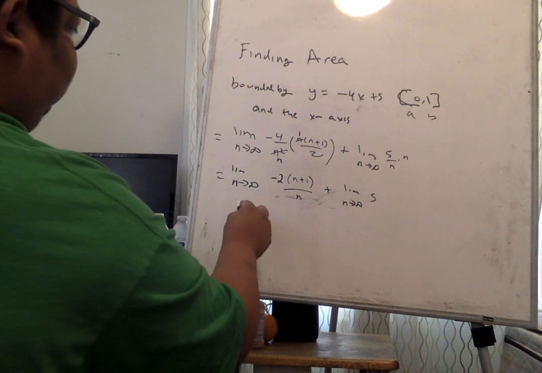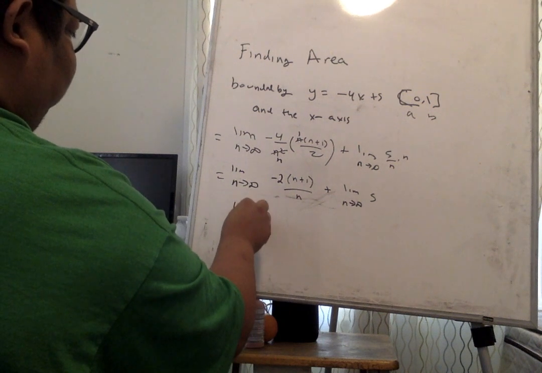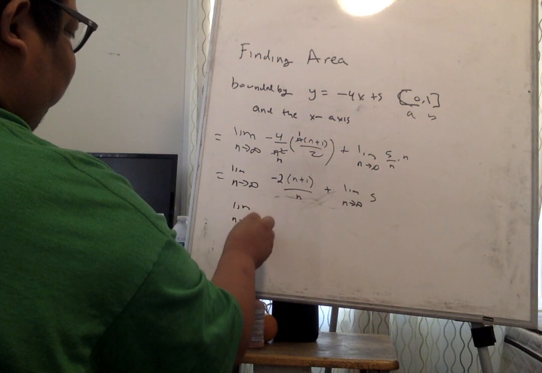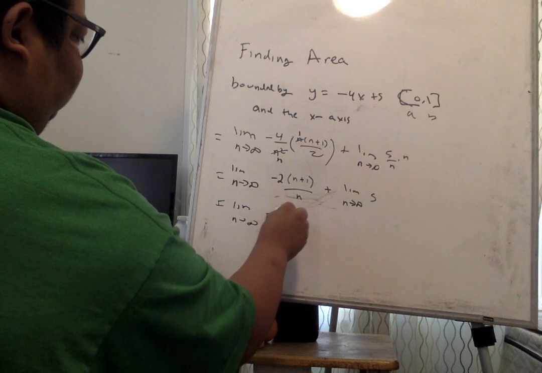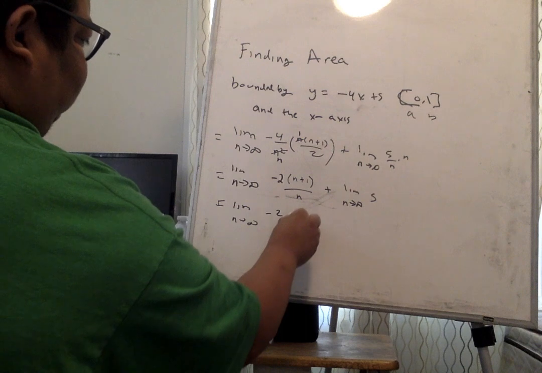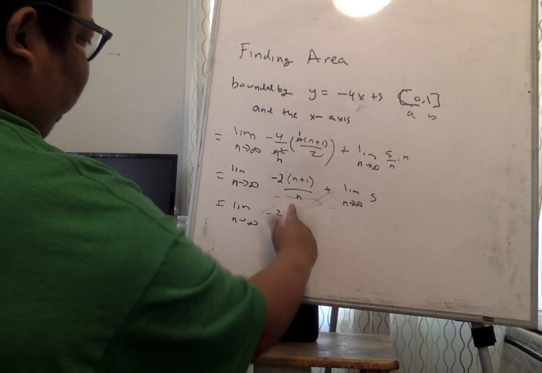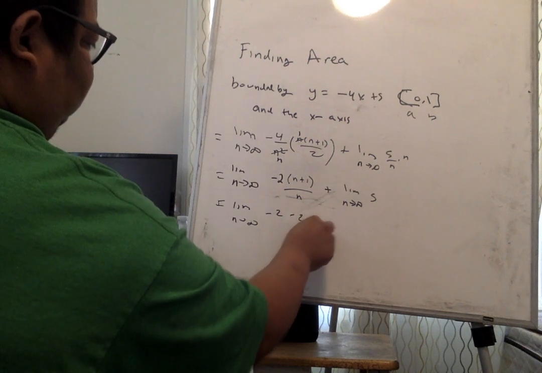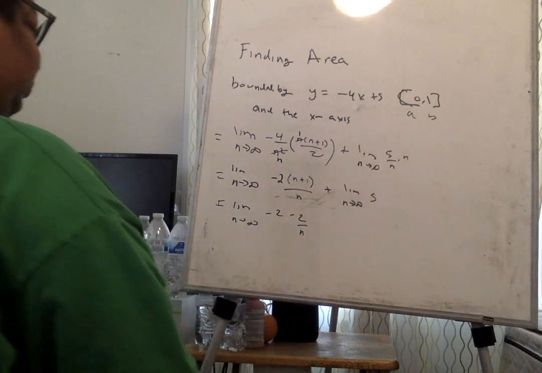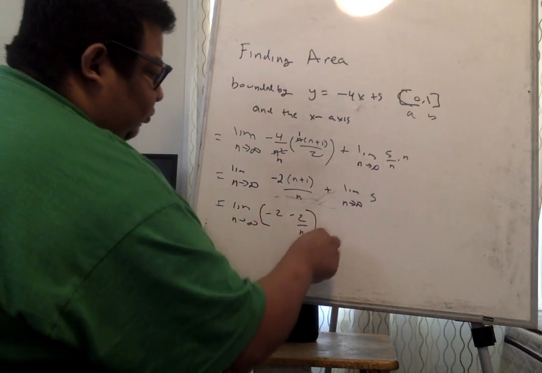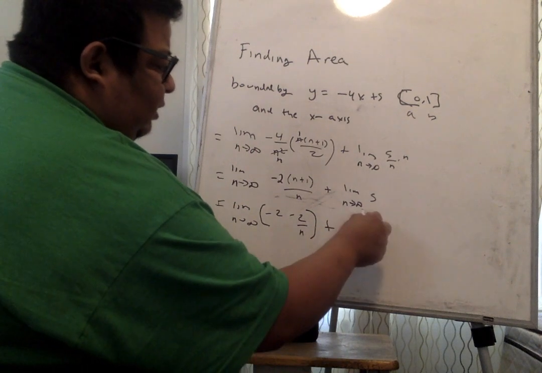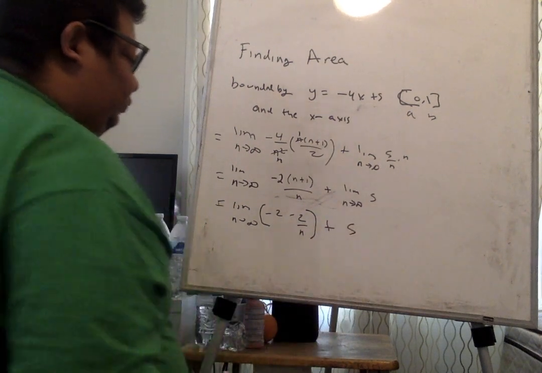So here we have the limit as n approaches infinity of negative 2 minus 2 over n, and the limit as n approaches infinity of 5 is just 5.